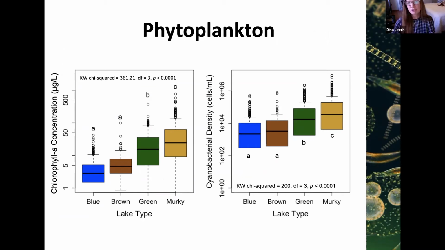And when we further looked at the species composition of those algae, we see that a lot of the algae in the system are those cyanobacteria, or blue-green algae, that can produce those toxins that I was talking to you about. So as lakes shift to this murky status, with increased nutrients and organic matter, the probability of having these algal blooms of blue-green algae or cyanobacteria that are potentially toxic could be increasing.